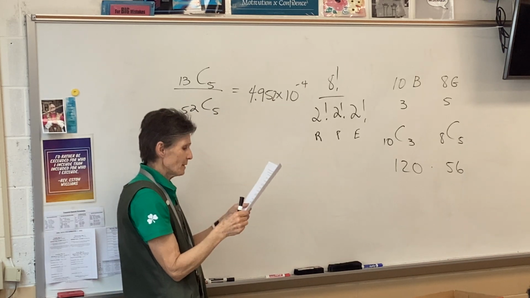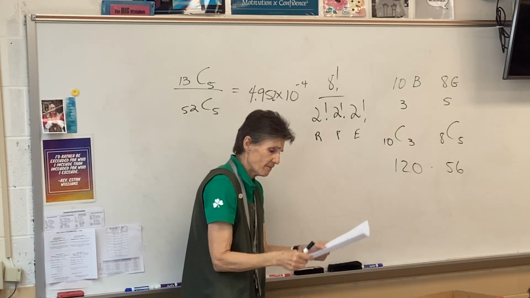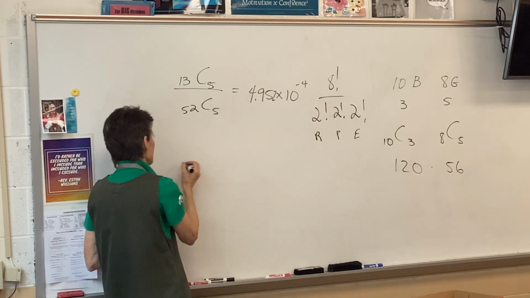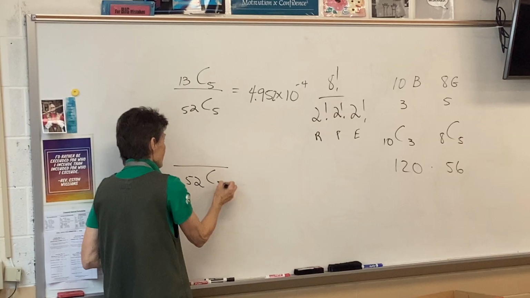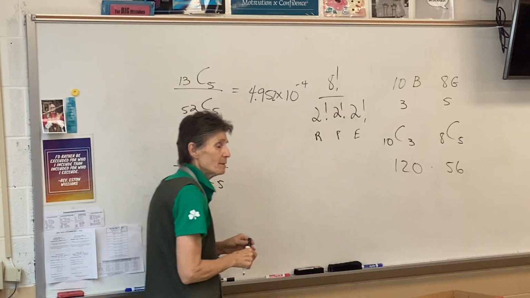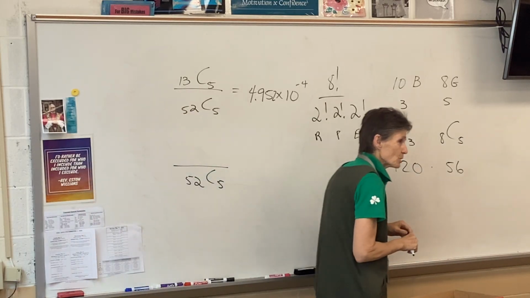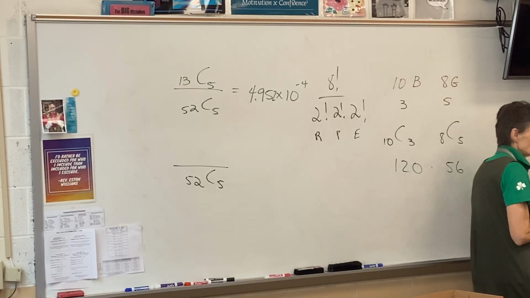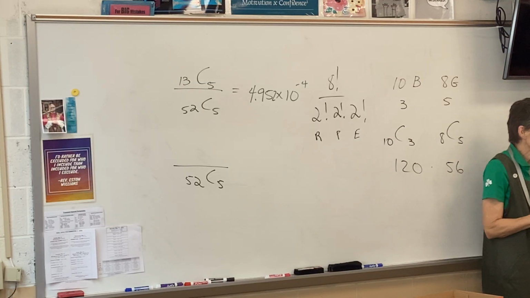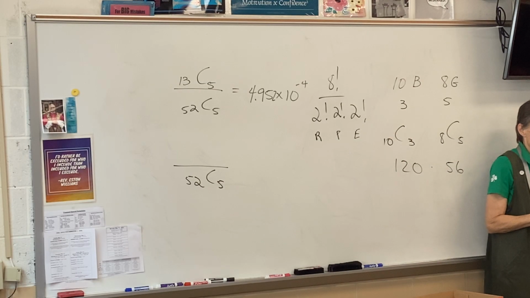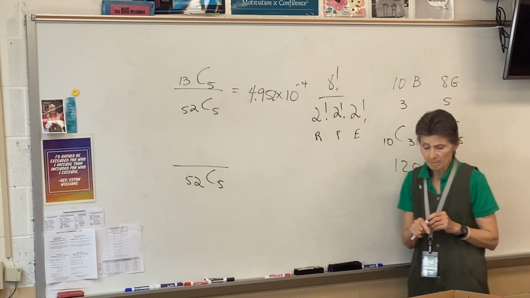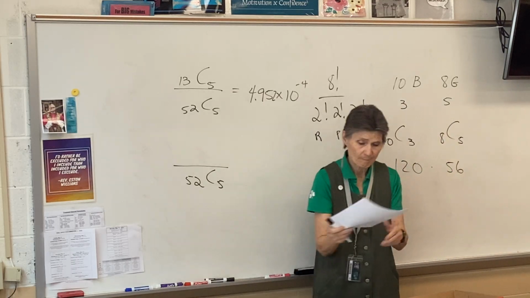What is the probability of being dealt a 5-card hand? Stop right there, the denominator is 52C5. Probability, fraction, denominator total 52C5. And the numerator is what?